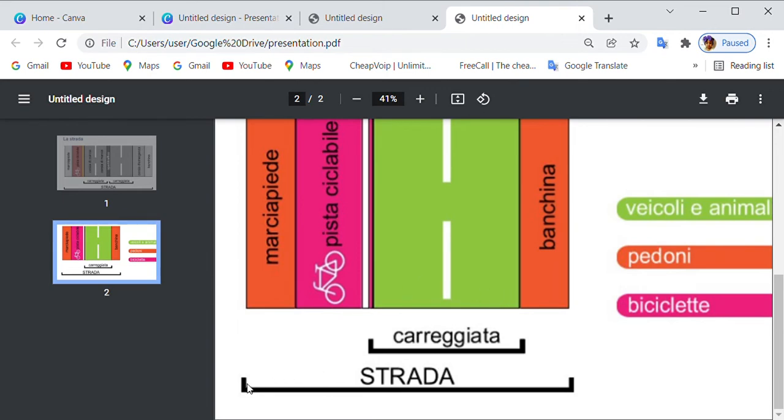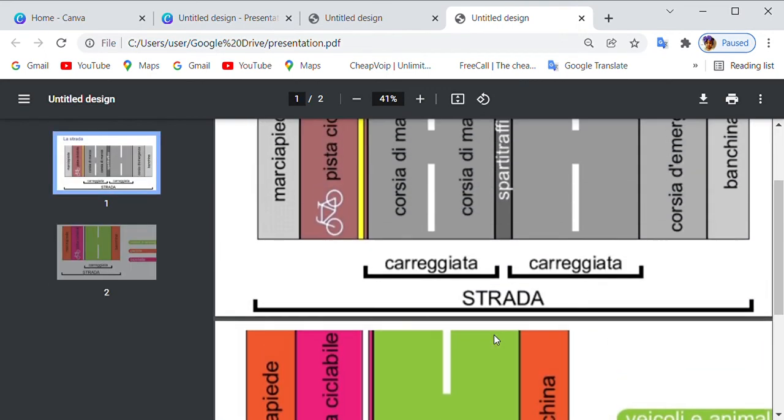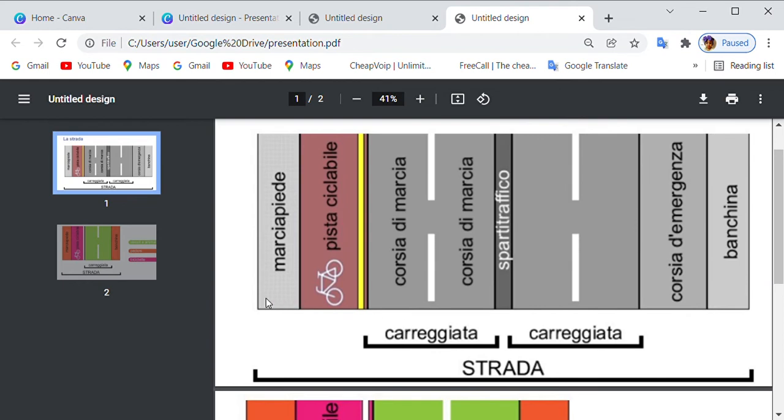So beginning from here to here is strada. Then from this place to this place is carreggiata, as I defined before. You can take from here to here and call it strada, because here there are 2 carreggiate making up this strada. 1, 2.